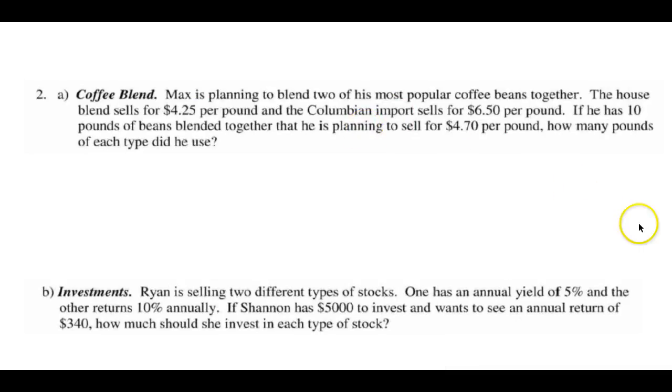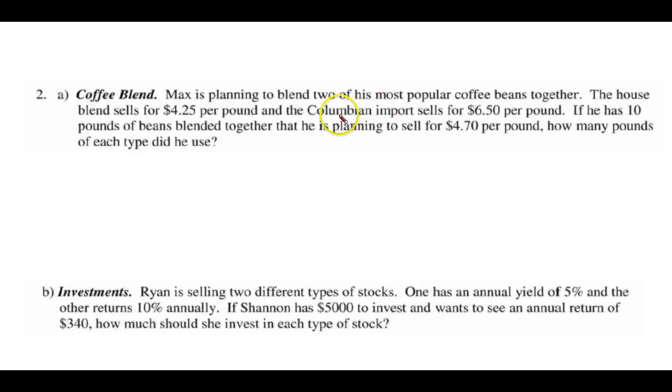We'll give you some time now to read about the coffee blend. Again, this one is very similar. I think the first thing you want to do here is define the letters you want to use in your example.